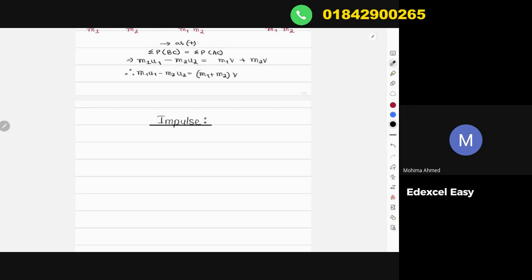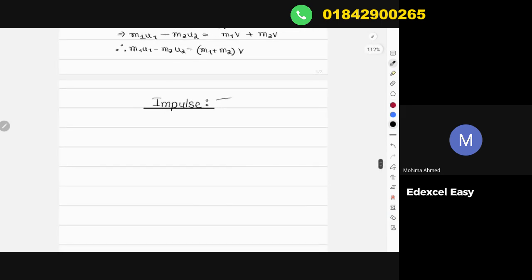Okay. Now, impulse is basically a situation that is involved in the during-collision section. Now, during collision, what happens? If I just focus on only one particle, maybe this is particle 1 before collision.